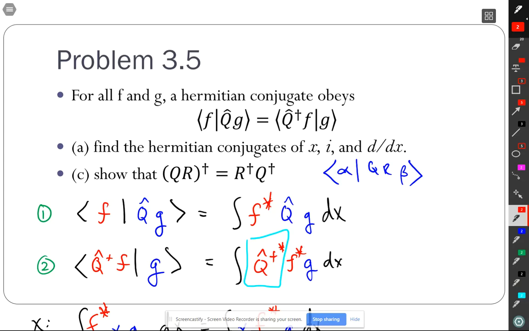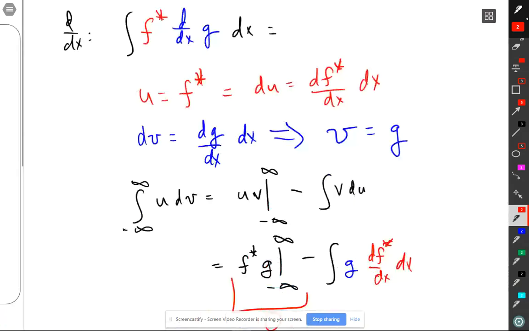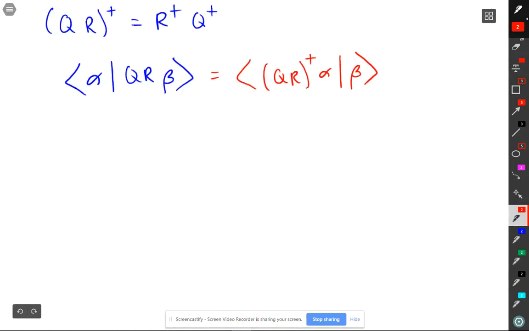If you move it from the ket to the bra, it's going to become adjoint. So that's one way of doing it, but there's another way of doing it.